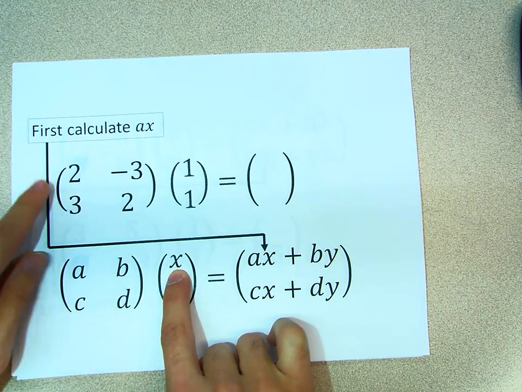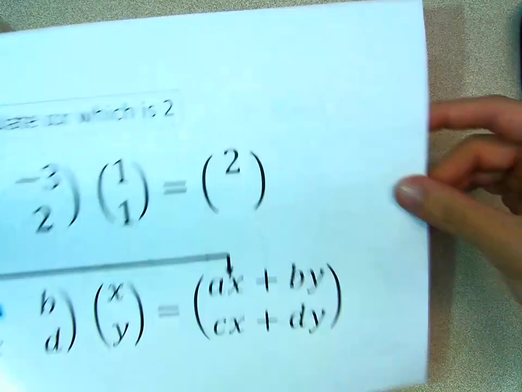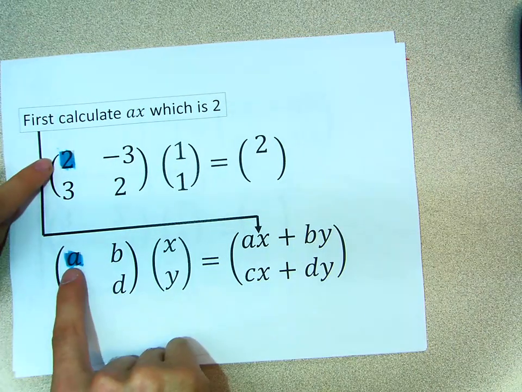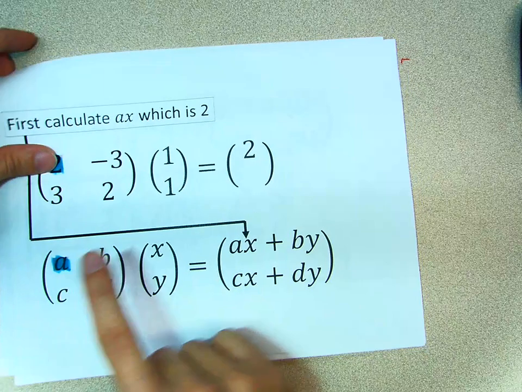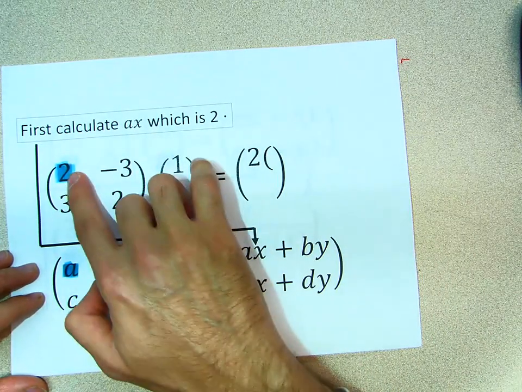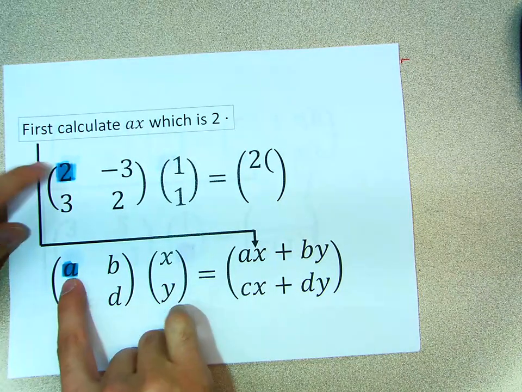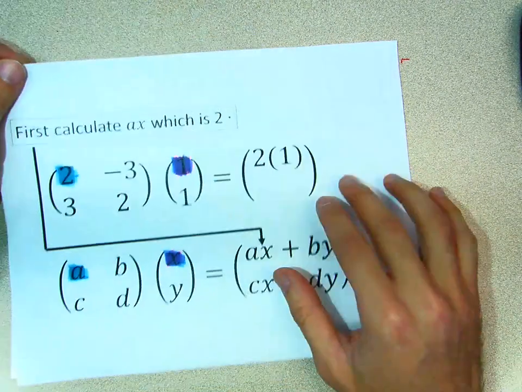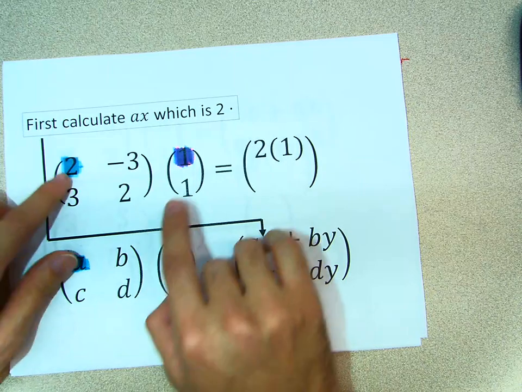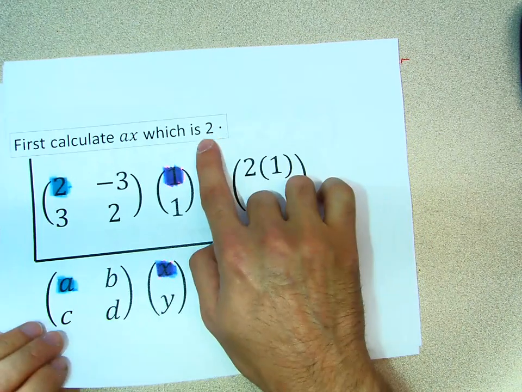So I'm going to do this 2 times this 1, all right? So just take your time. Notice that this is my a, which is 2. Because this is a times x, I'm doing 2 times the 1. So I'm doing 2 times 1, and what do we get for that? That's just going to be 2.